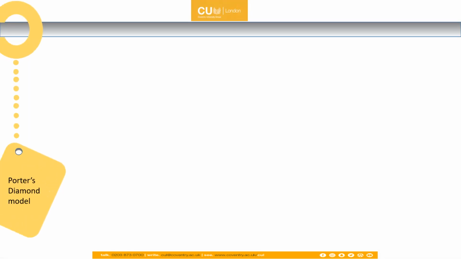So in summary, we've looked at Porter's diamond model and the different elements, with the government being the fifth and chance occurrence being the sixth.